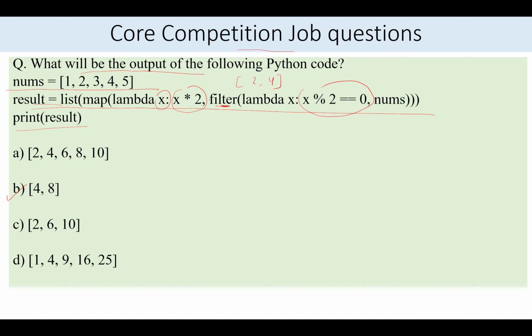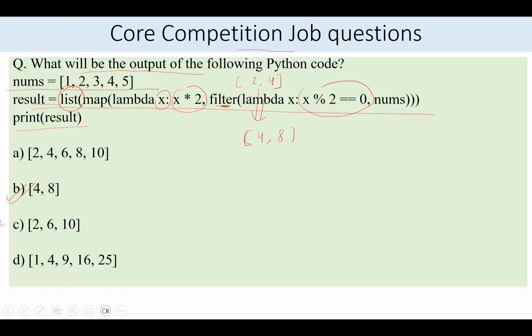Here I am using one more lambda function inside the lambda function, and I want the square of this number. So if you square this number, 2 squared is 4 and 4 squared is 8. And that comes in list form because I use list here. So the correct answer is B.